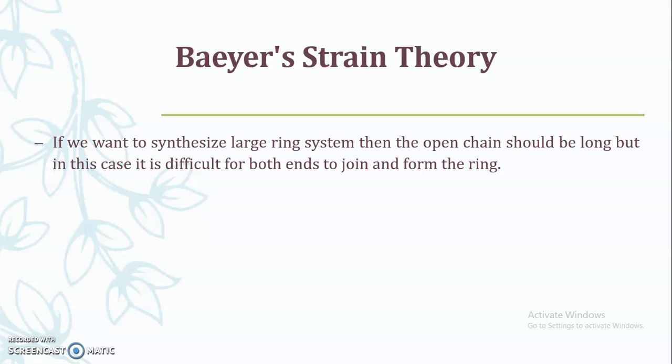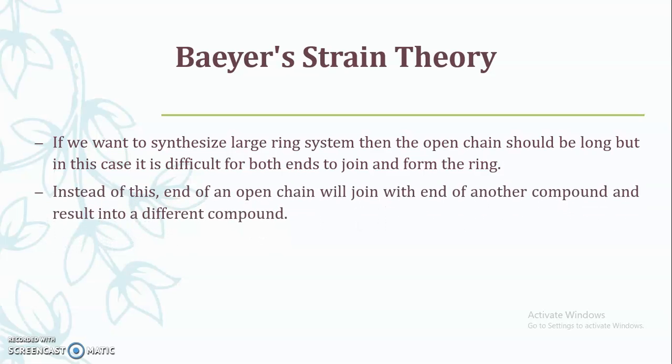We know from the methods of preparation of cycloalkanes that the most commonly used method is from terminal dihaloalkanes, where the removal of the halogen is carried out, and the terminal carbon atoms are joined, due to which a ring is formed. In the case of a large ring system, there is difficulty in carrying out the synthesis this way, because the open chain should be long, but it is difficult for both the ends to join and form the ring.